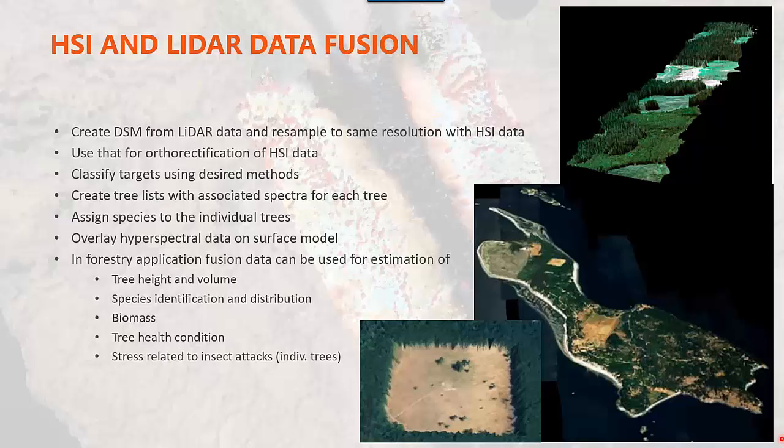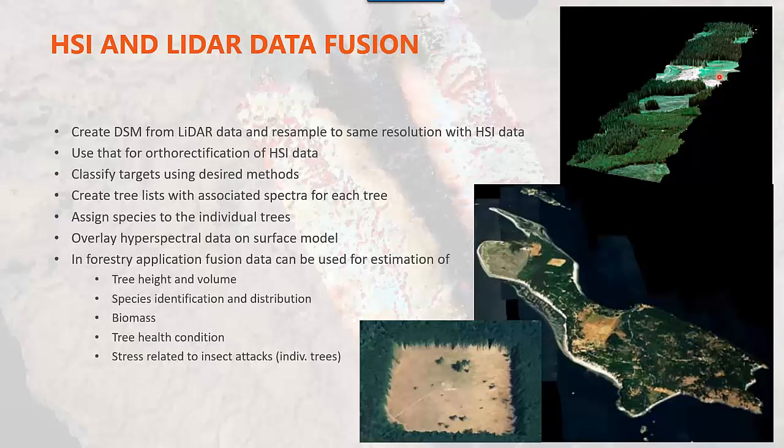You classify the targets using whatever methods you like, then create tree lists with associated spectra for each tree and assign species to individual trees. And you overlay the hyperspectral data on the surface model for illustration, like we see here in the top right corner.